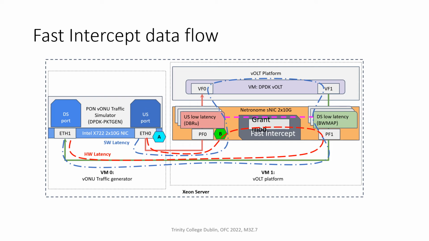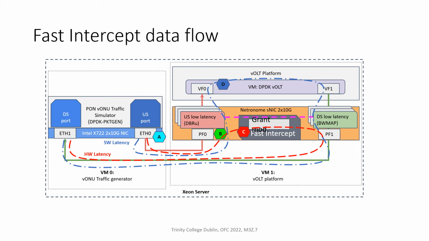At point B, the XGEM frames arrive at the Metronome Smart NIC physical interface, where a P4 program checks and stores low latency related DBRUs to be used on fast intercept mechanisms. If a low latency TCONT is detected, it goes through the P4 fast intercept mechanism, which will merge the low latency requirement into the current or next bandwidth map generated by the VOLT DPDK software.